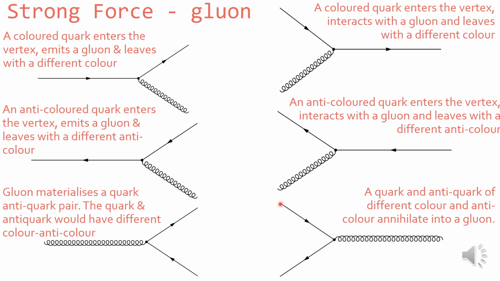Now here you can see that a particle and an antiparticle are coming together and annihilating to become a gluon. What you'll actually find is that eventually they'll probably form a photon through further interactions, but a quark and an antiquark can annihilate to a gluon.